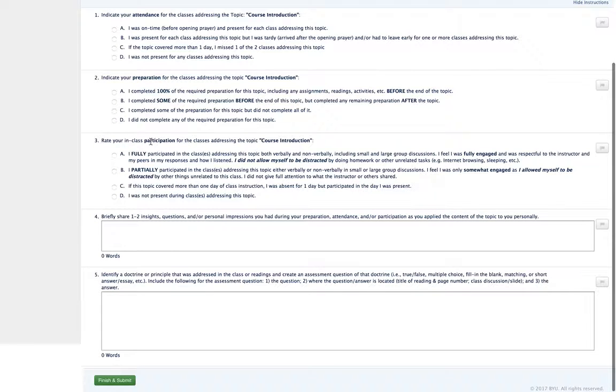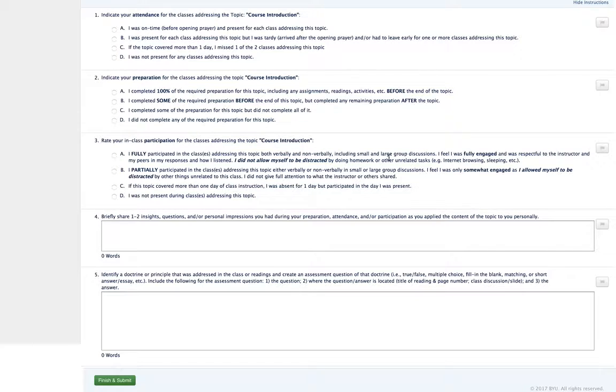The third one is to rate your participation in class. Now, participation isn't just the verbal, but it's also the nonverbal. The way I look at participation is the same as I look at distracted driving. Are you fully engaged?